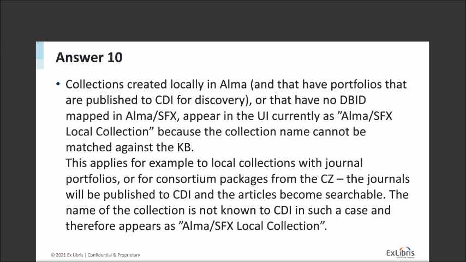As I mentioned before, in the local collection, but also in consortia packages from the CZ, the electronic titles are published in the holdings files, and CDI records are searchable and do appear in the UI. But when we talk about the source in the PNX and the collection facet, the value here would be ALMA SFX local collection.